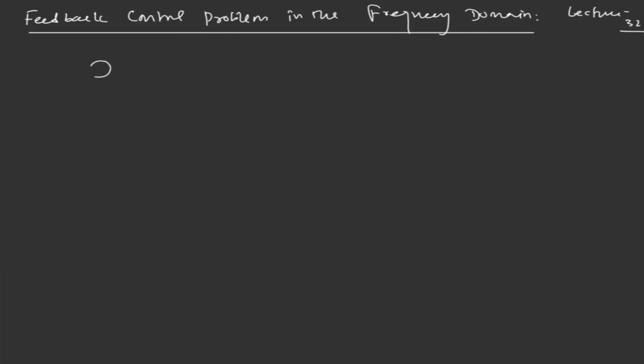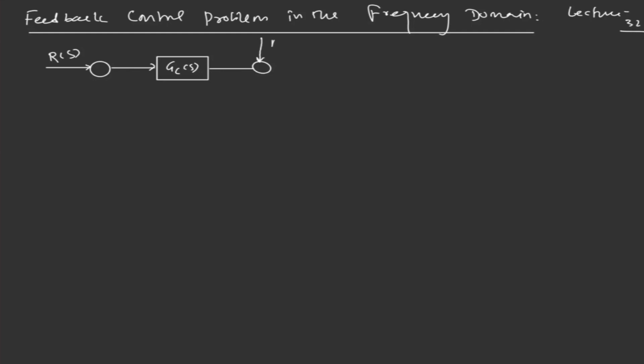This is the summing point where we have the reference input to be tracked, and we have the controller that's giving the desired control input to the system, denoted by GC of S. And we have another summing point where the control input and disturbance come into the picture.